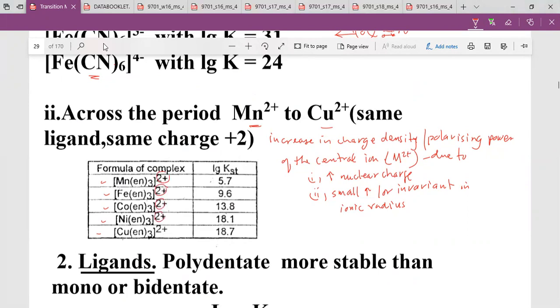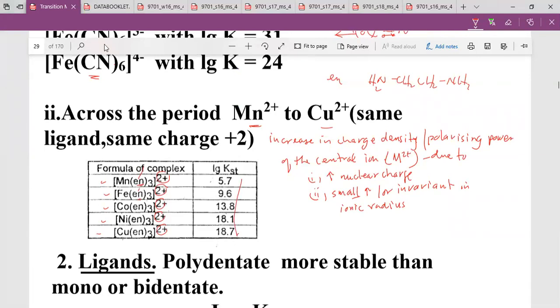But as you go across, even though it's +2, the number of protons is increasing, and the radius also decreases a bit. So with the same En, there is an increase in charge density as the nuclear charge increases. With smaller ionic radius, the pull towards the common En is stronger. Remember, En is NH₂CH₂CH₂NH₂. You can see the value increases.